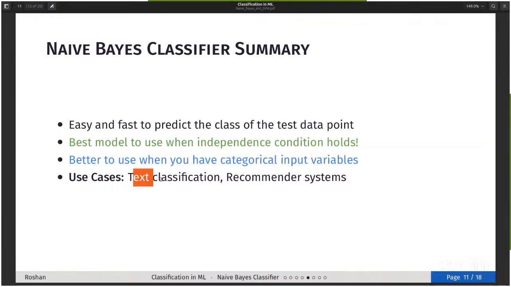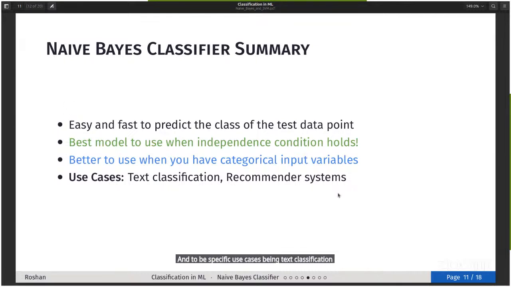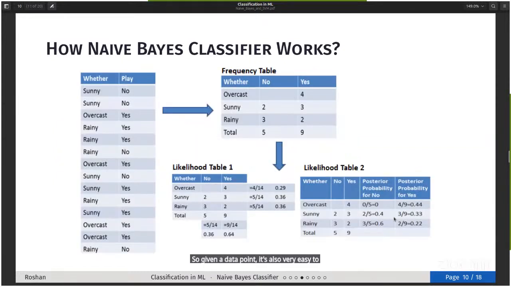And to be specific, use cases being text classification and recommender systems. So given a data point, it's also very easy to predict the class based on these probabilities.